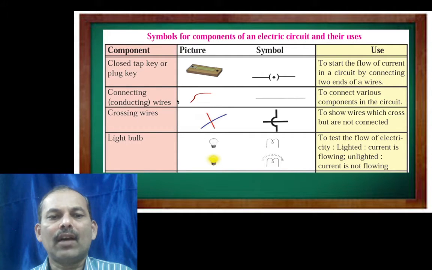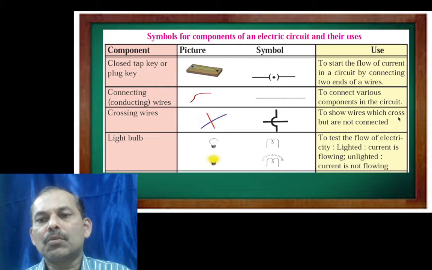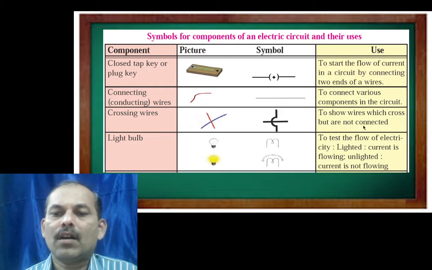Then connecting wires, we can draw like this to connect various components in the circuit. Then crossing wires, we show like this, and they are used to show wires which cross but are not connected.